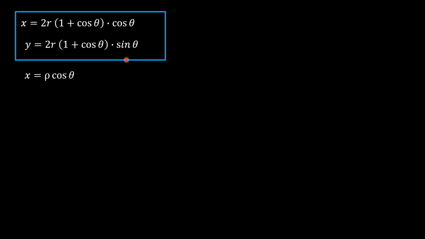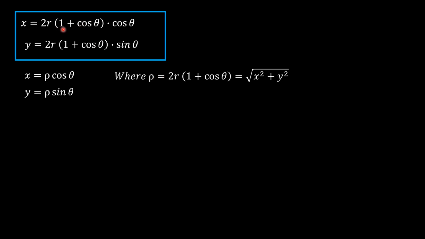So if we take x to be rho cosine theta, and rho being the radius of the cardioid, and then y being rho sine theta, where rho is taken to be 2r times 1 plus cosine theta, which is also the same as the square root of x squared plus y squared.